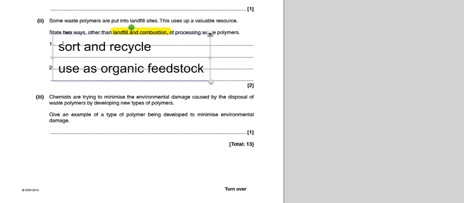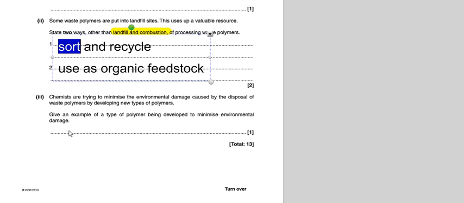You could also say use for the production of organic compounds. But I think where people go wrong is they think they've got it, but they don't put sort and recycle. You just put recycle, which won't get you the mark. So sort and recycle, use as organic feedstock.